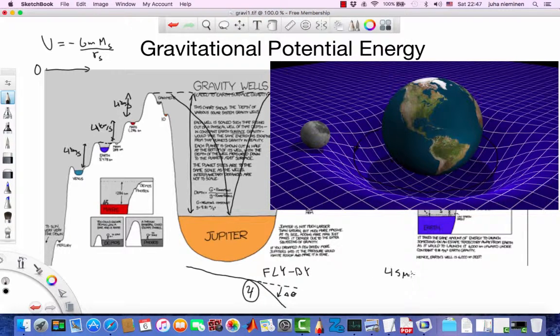For the GPS satellites, that is about 45 microseconds per day. The other relativistic effect, that they're going at high speeds, reduces that time by 7 microseconds. So in total, we're talking about 38 microseconds per day.